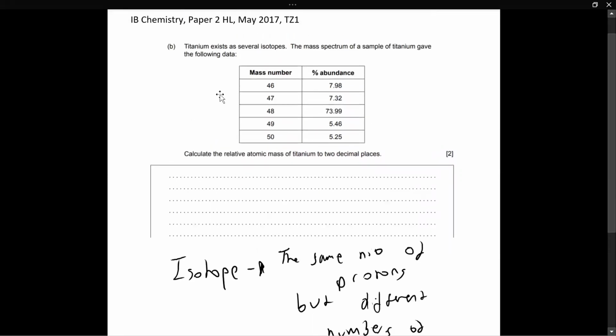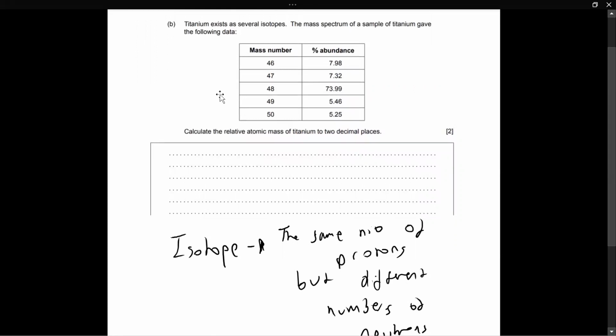And elements can have different isotopes, meaning they have different atoms which have different numbers of neutrons from each other, but at the end of the day they are the same element. They are titanium, for example, but they just have slightly different identities based on the number of neutrons. You could think of it like the human race, right?